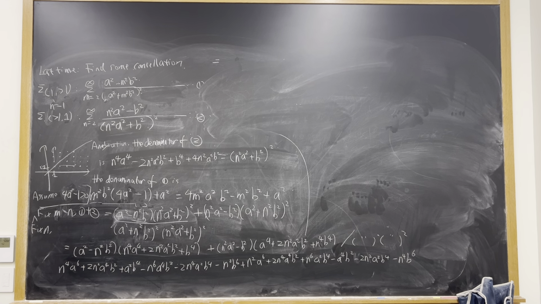M is negative. Okay. Sum over the m's and then sum over the n's. Yeah, so how much cancellation?